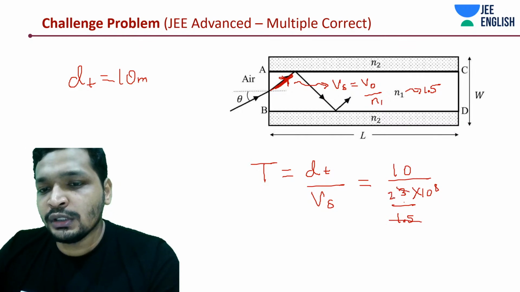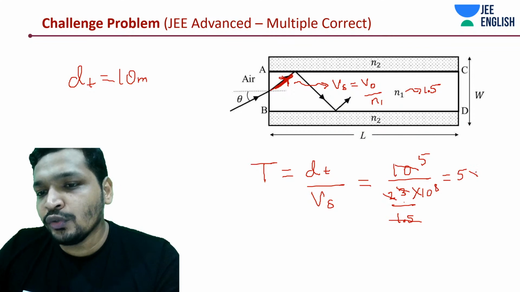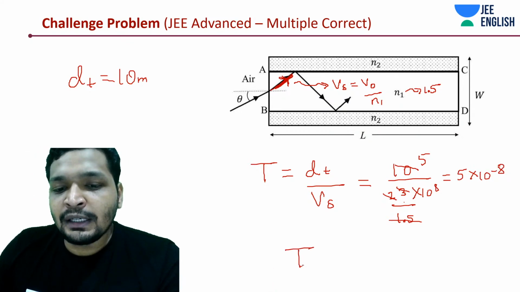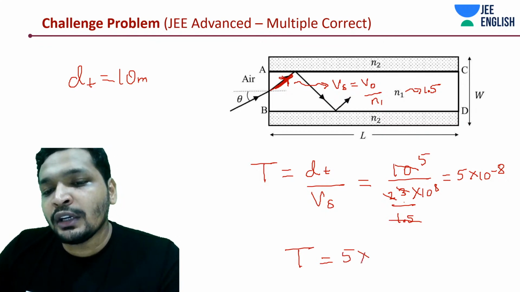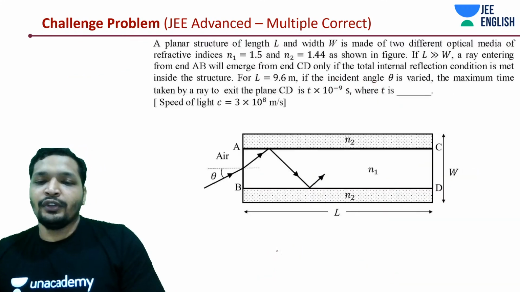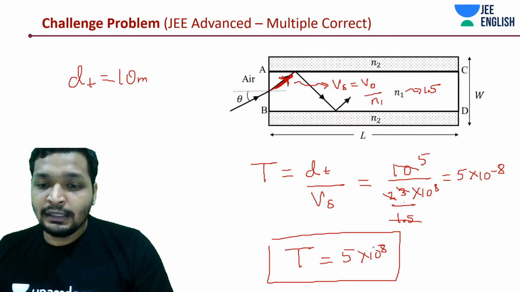This goes 2, this goes 5, so you would get 5 into 10 to the power minus 8. Really simple.